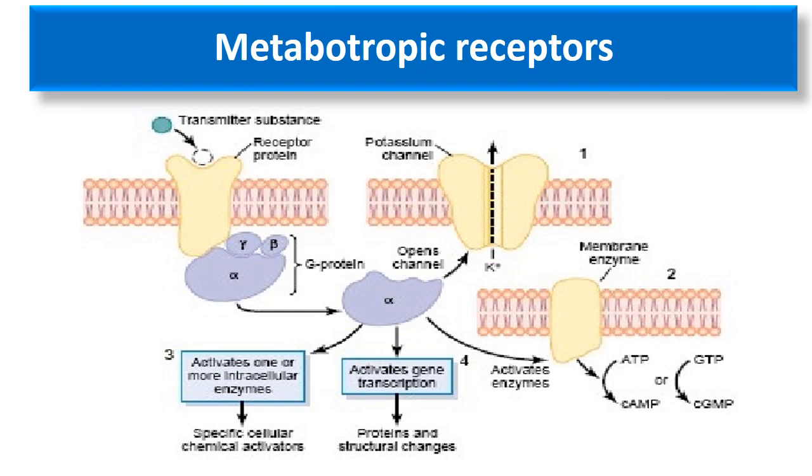You can see it can open the ion channels, or it activates some membrane enzyme like adenyl cyclase and guanylate cyclase, which convert ATP and GTP into cyclic AMP and cyclic GMP, or it activates the process of gene transcription and results in new protein formation and produces structural changes, or it activates one or more other intracellular enzymes, and then those enzymes produce the desired response. So these are the series of reactions occurring in metabotropic receptors.